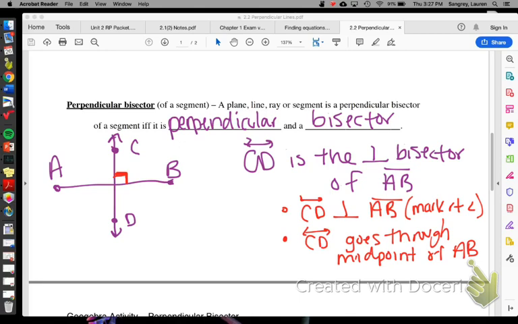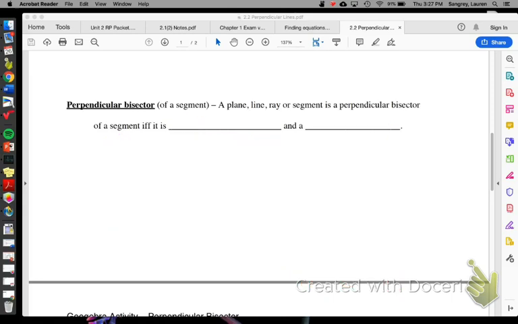And if there's a midpoint, that means AE is congruent to EB. So we should mark those segments. And I just realized I forgot to put point E on there. It'll be right smack dab in the middle. All right, so whenever you see perpendicular bisector, there's a lot going on. You have the right angle and you have a midpoint, so you have two congruent segments. Okay, so that is your new vocab for today.